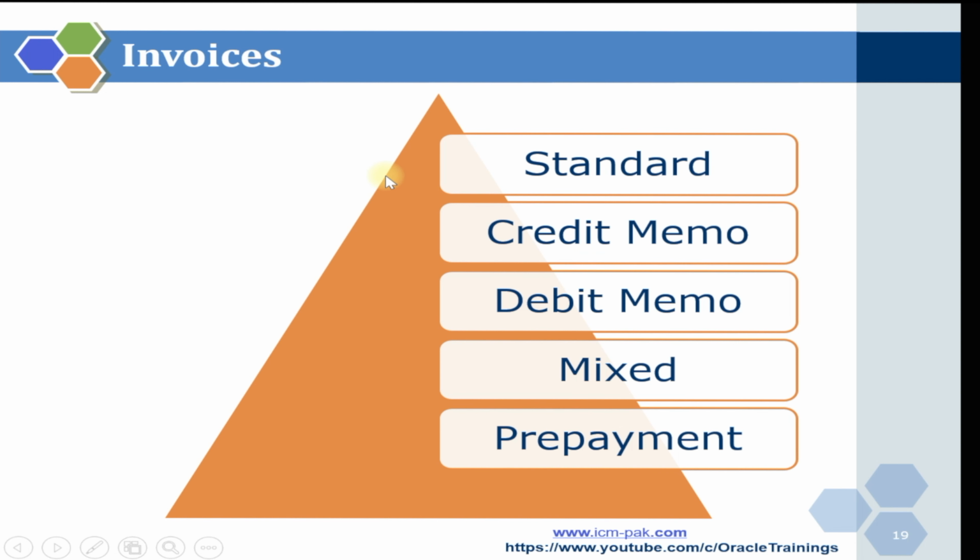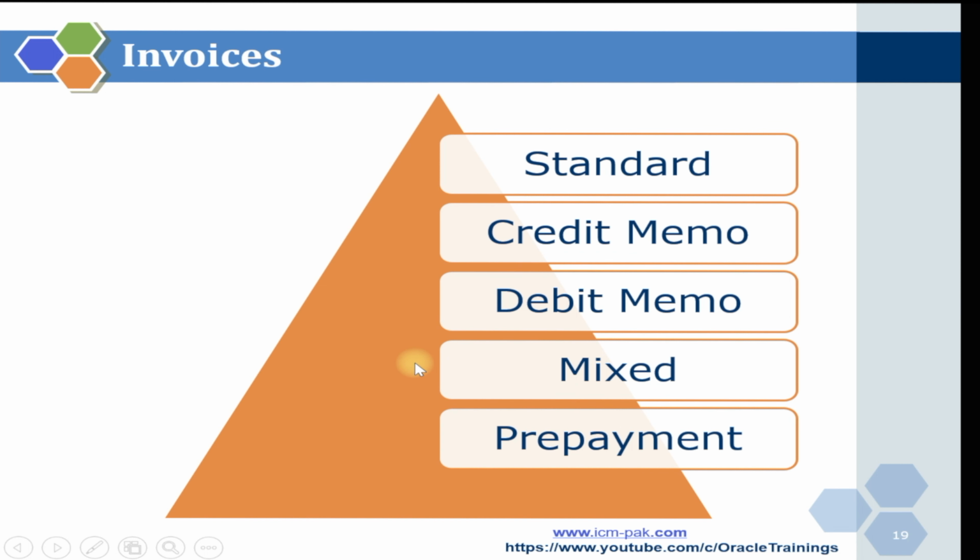Normally, whenever you need to make an advance payment to any supplier, you make prepayments, and mainly there are the normal standard types of invoices. You will make standard invoices, and against those standard invoices you can make the payment. Sometimes you need to do adjustment transactions, and for those we have debit memos and credit memos.